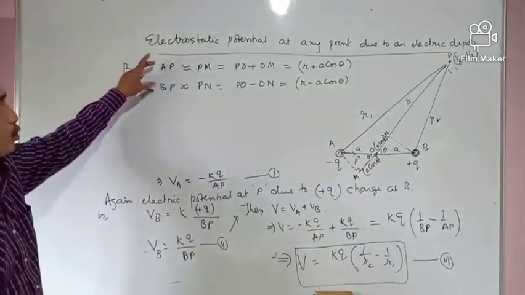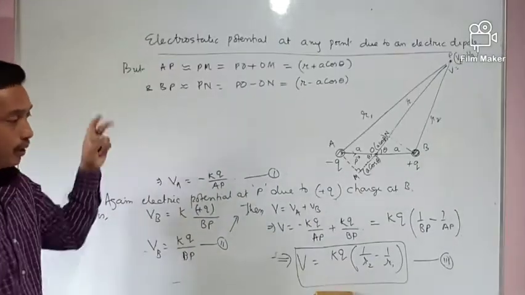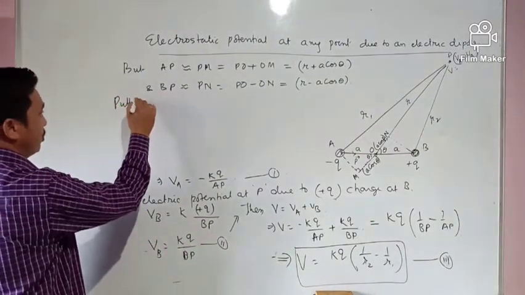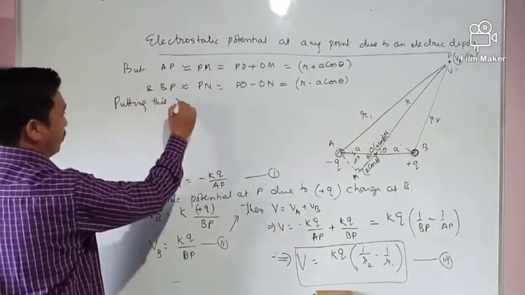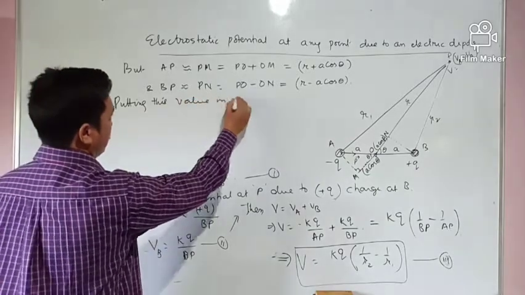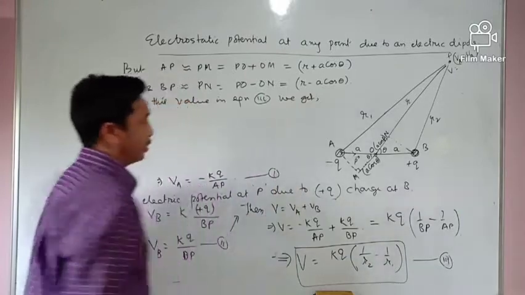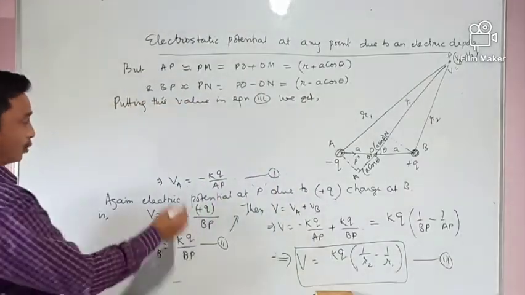So if I substitute the values of AP and BP in equation number 3, putting this value in equation 3, what do we get?